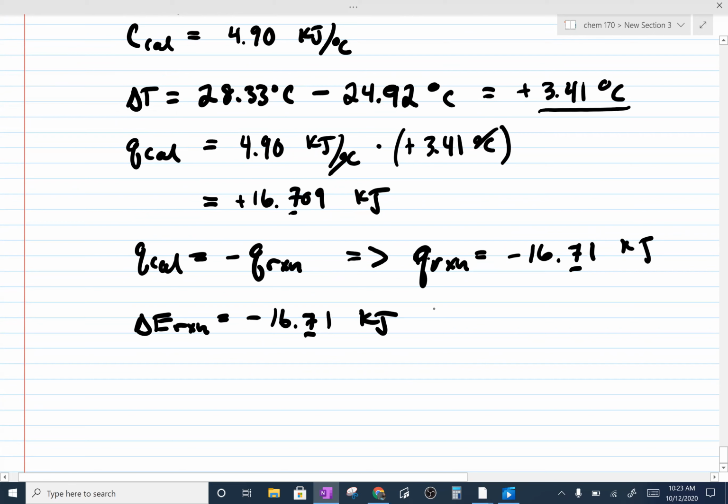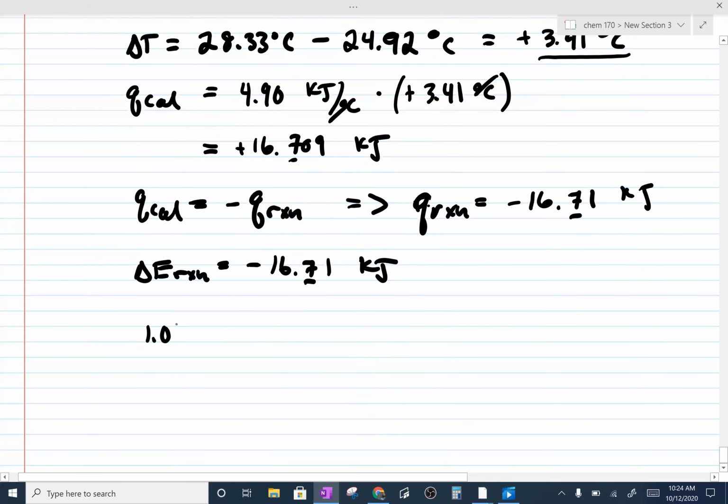But we're asked to give the delta E reaction in terms of moles of sucrose burned. We need to normalize this by the number of moles, so we have to calculate the number of moles. We're given that we have 1.010 grams of C12H22O11. We just need to multiply that by its inverse molecular weight: 1 mole of sucrose divided by 342.3 grams.